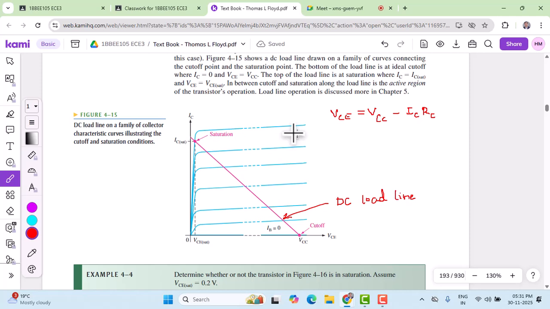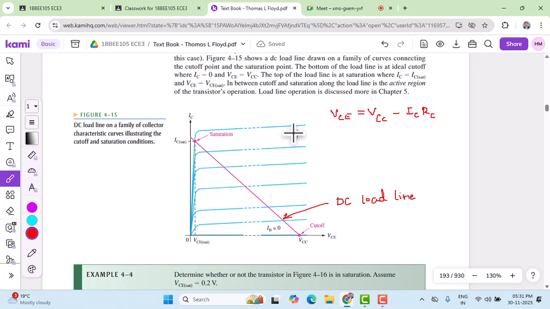Okay. So we have a couple of problems here to work out on the maximum power dissipation. Let's take example 4.5. A certain transistor is to be operated with a collector emitter voltage of 6 volts. If its maximum power rating is 250 milliwatt, what is the most collector current that it can handle?